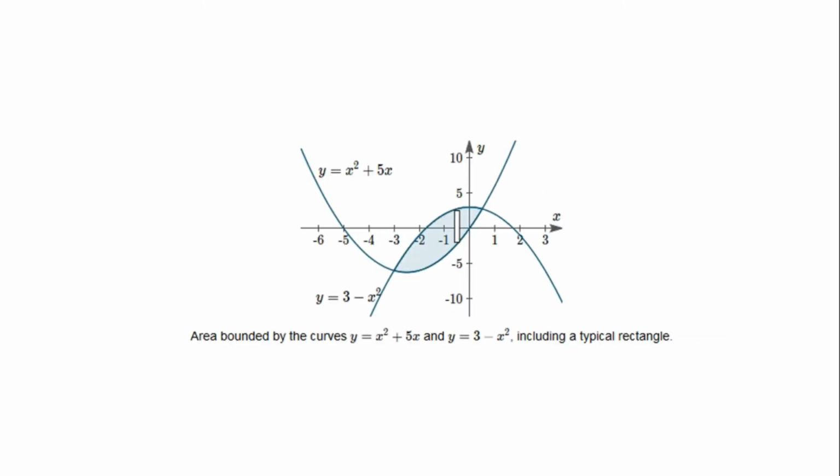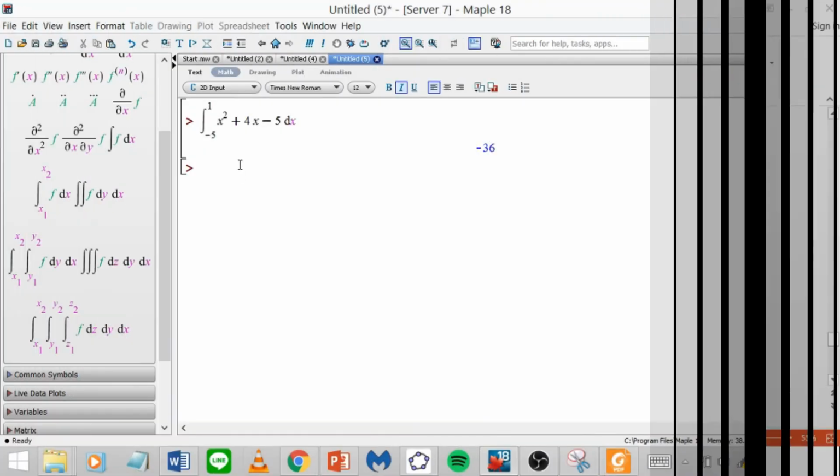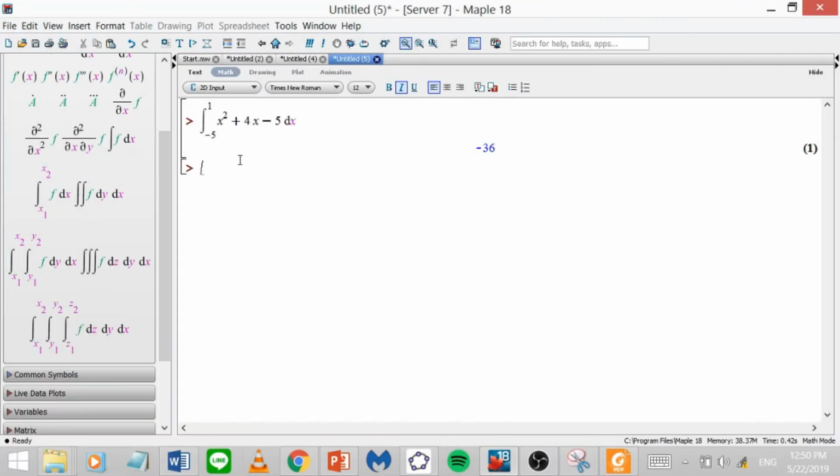Back to the problem. From this graph, we know that 3 minus x squared is more than x squared plus 5x. Their intersections are x equals minus 3 and x equals 0.5. So, using the same method, we can find the integral of those two functions.